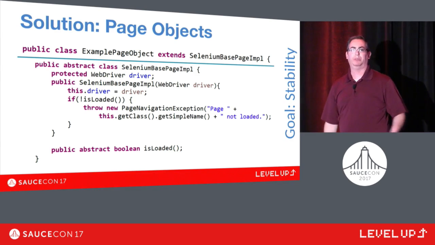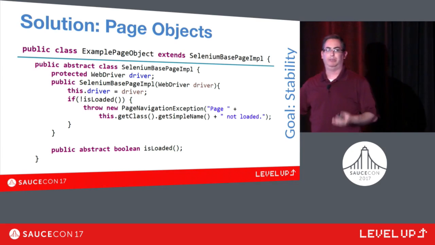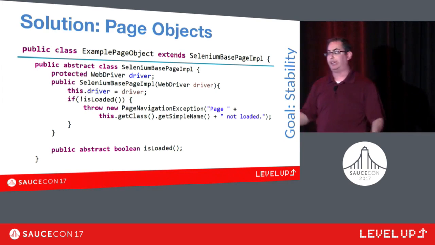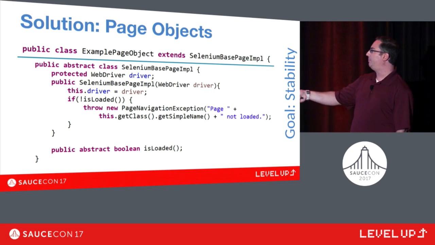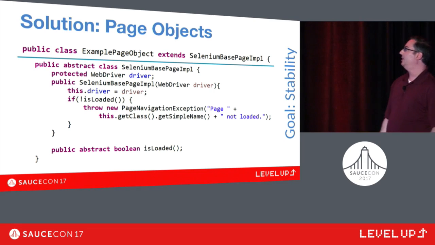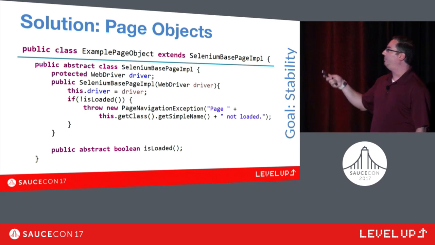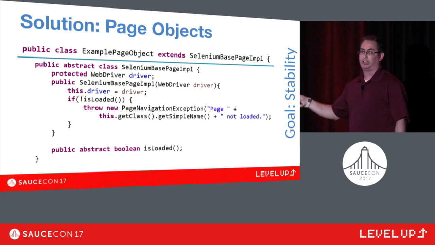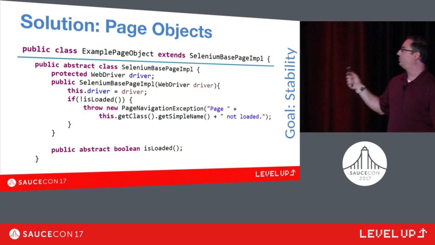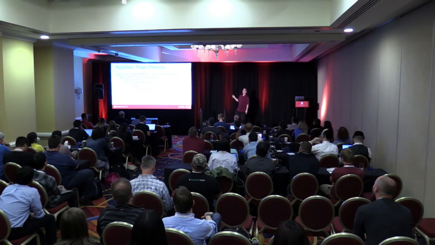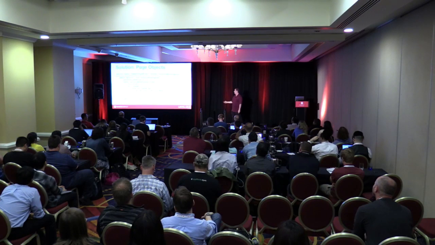It's typically going to be implemented with isDisplayed of some key element within some amount of time, maybe 3 or 4 seconds. But because we have this guarantee, what we can do is actually utilize that isLoaded method within our base page implementation constructor to give us one of the 2 key things that we need to give us our stability that's going to affect across our entire organization.